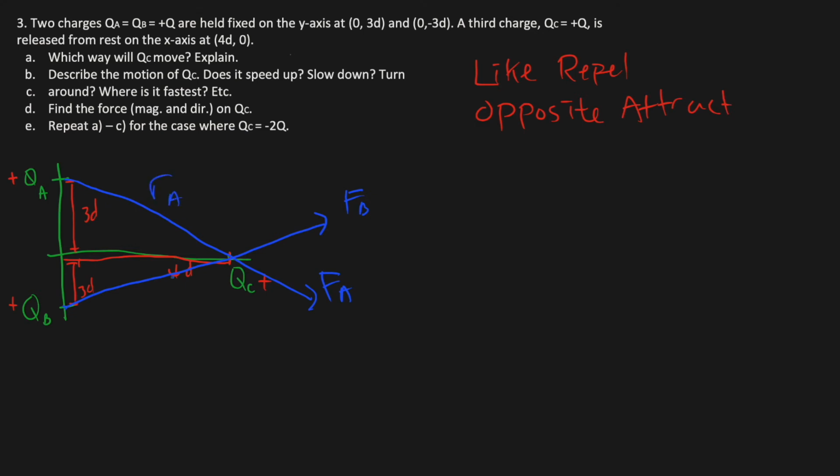Here is 3D, here is 4D, and here is also 3D, here is also 4D. So what we can say is the following: RA is equal to RB is equal to R. And we also know QA is equal to QB is equal to Q. So the magnitude of FA must be equal to the magnitude of FB, which is equal to F. Now we just need to find which way they move.